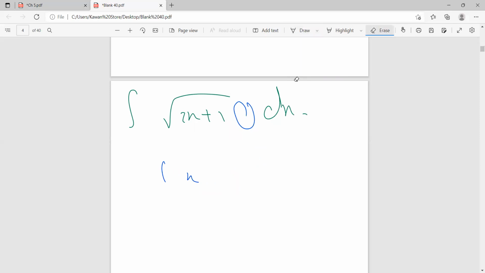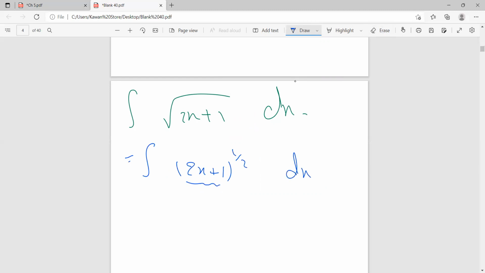So now, I change this one to (2x plus 1) to the 1 over 2 dx. Again, I have parentheses, brackets, with an exponent, with any power.